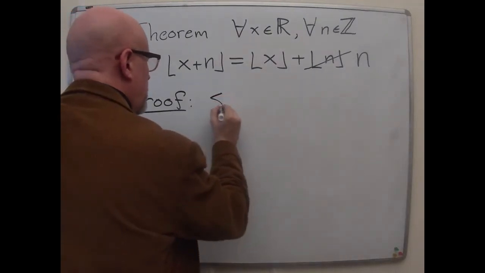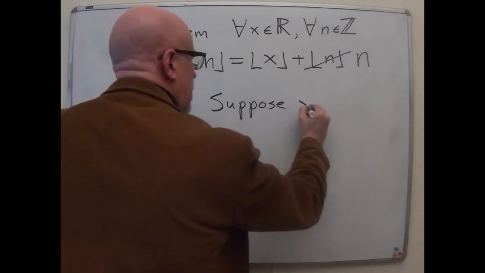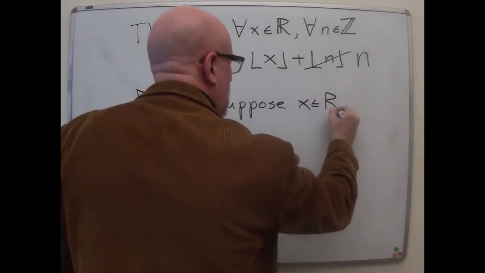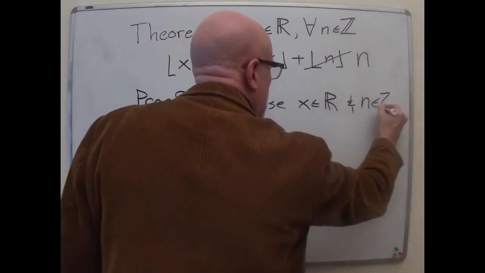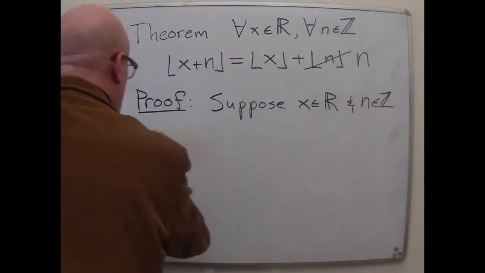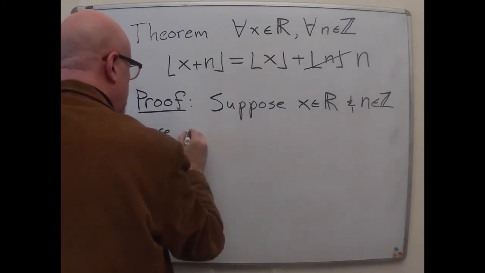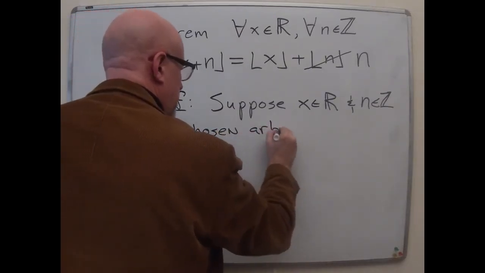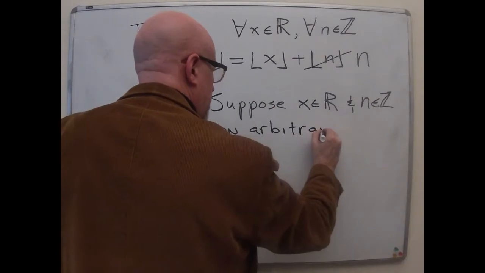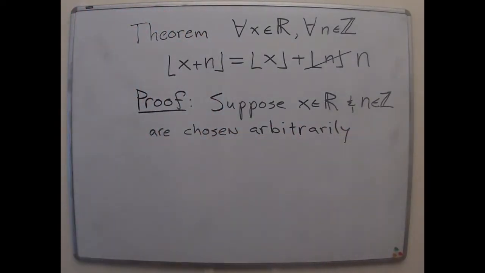I'm going to just say suppose x in R and n in Z are chosen arbitrarily.